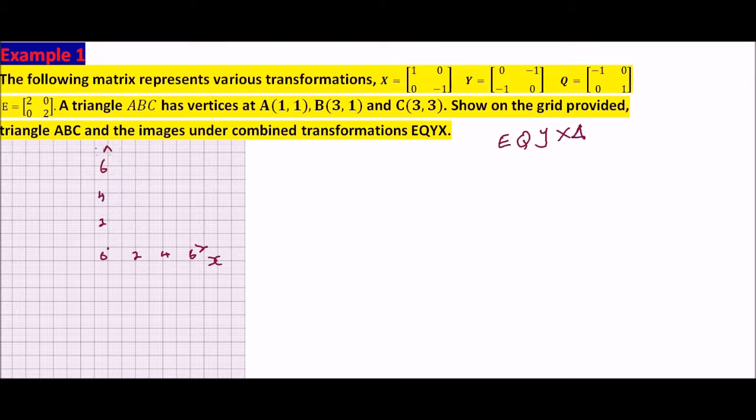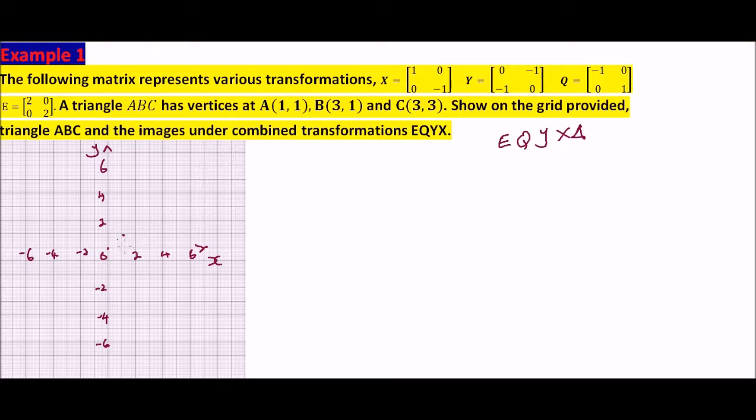So this is our y-axis. Then on the negative side we have -2, -4, -6. That's our negative side of y. Then we have -2, -4, and -6.